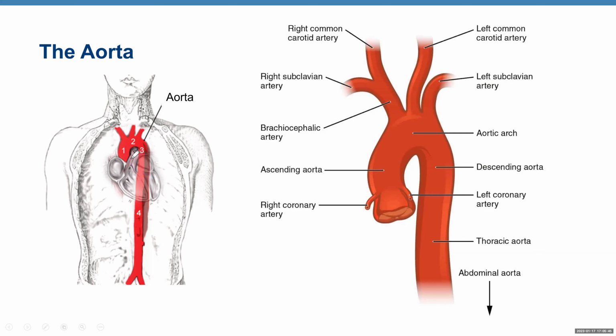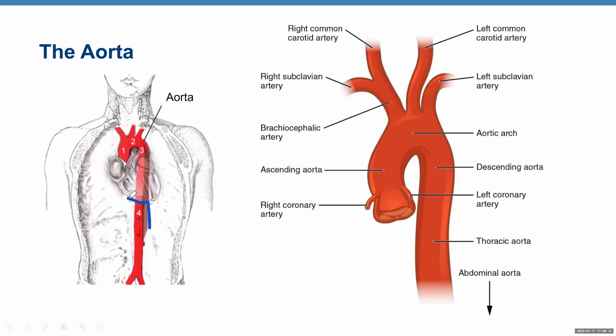Aorta has several parts. It's shown over here, number 1, called ascending aorta. So aorta that goes up here, ascending aorta. Then it makes this loop called aortic arch, and then it goes down. So that's descending aorta. But this number 3, this part of descending aorta inside the thoracic cavity, is called thoracic aorta.